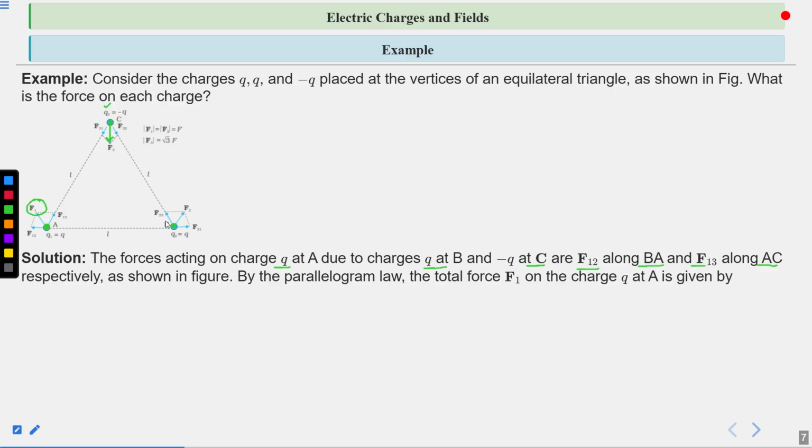Similarly, the force on charge q2 due to charge q3 is F23, and the force on charge q2 due to charge q1 is F21. And what will be the resultant force? That is F2, that acts on charge q2. So this is the force due to a three-charge system.